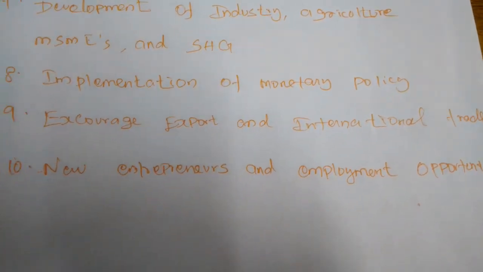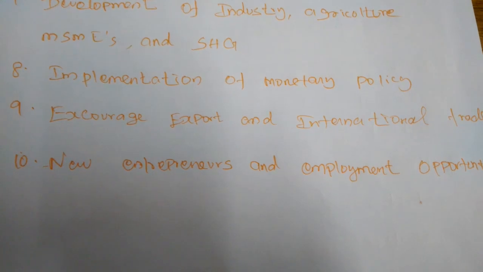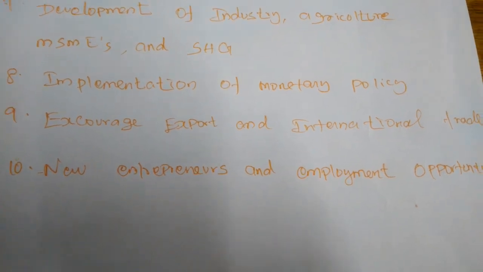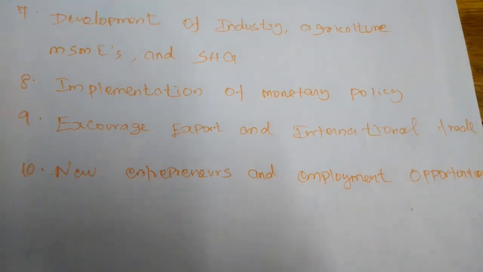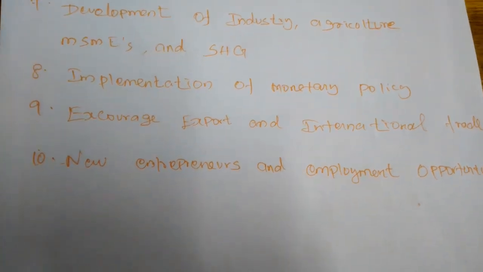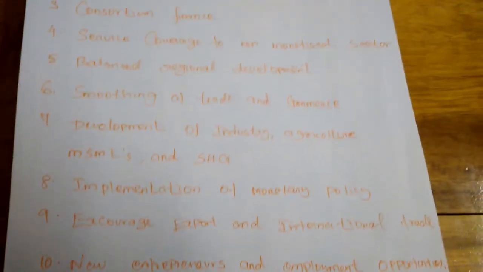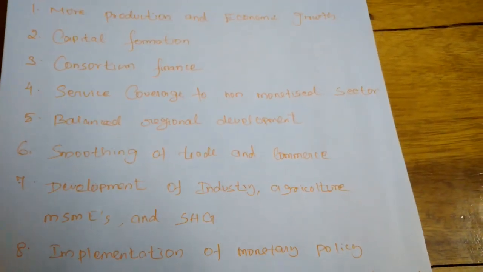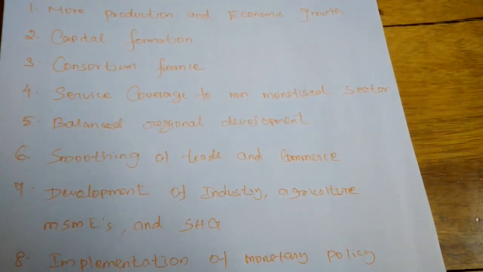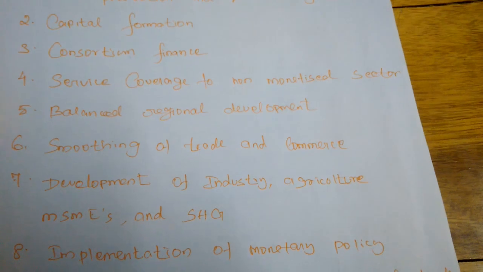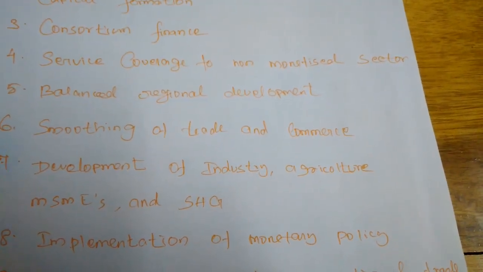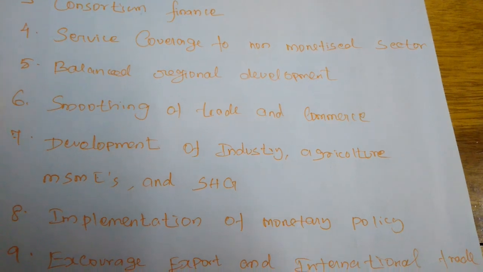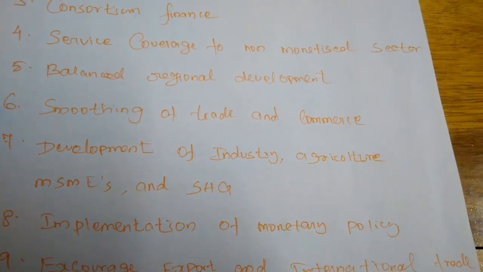So under the functions of all commercial banks in totality, 10 services are provided. First one is more production and economic growth, only possible by the commercial bank. Next, capital formation, which is also collected by the commercial banks only. Next, consortium finance. Next, service coverage to the non-monetized sector, which means all the branches.